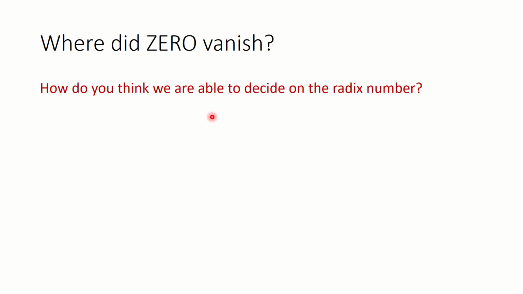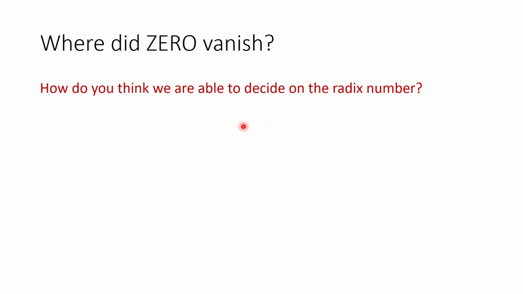But how did we come to this point where we can choose a radix number? So, we can stop somewhere. So, what is the radix number? The radix number is making us stop at a particular digit and restricting the use of symbols only till that particular digit.